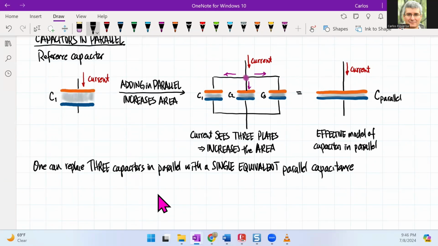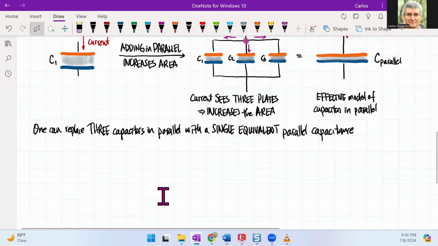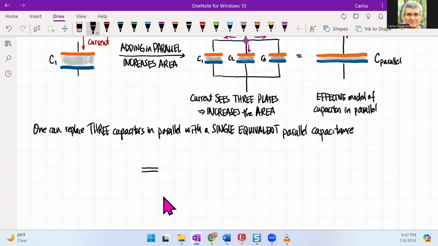In other words, if I think about my capacitors, I imagine that I have a capacitor here, another capacitor here, and another capacitor here. And each of these is 1, 2, 3. And so when I look at this, I see that I have this combination right here.